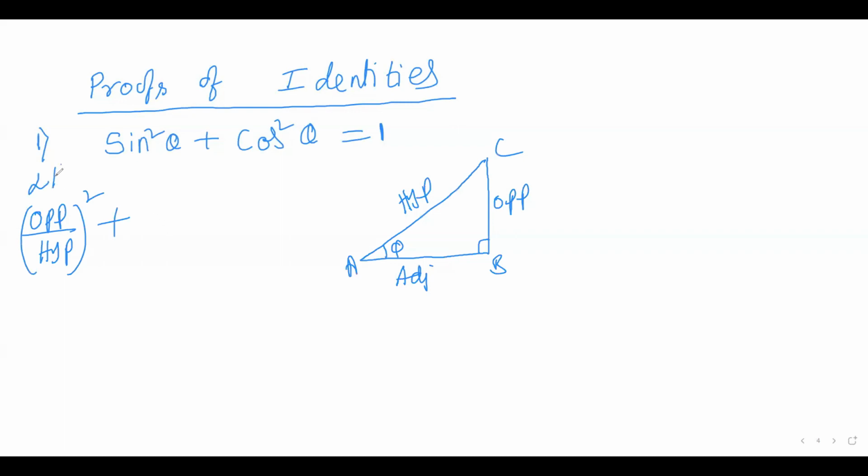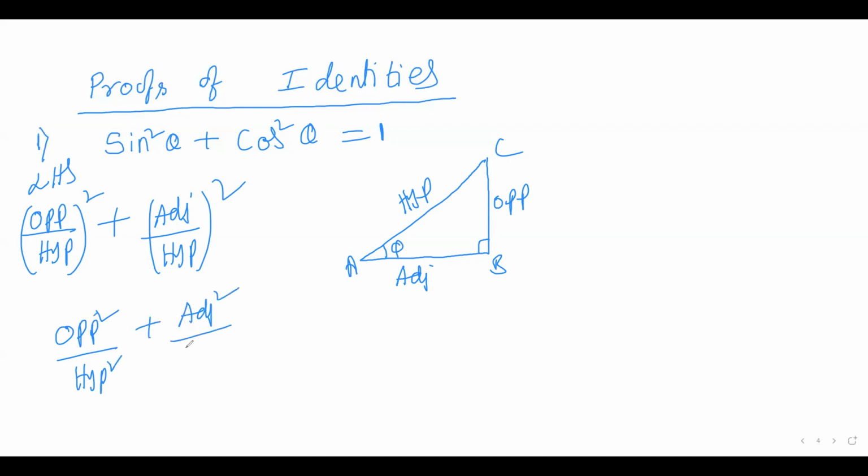I am taking the left hand side. Sine square theta is opposite square by hypotenuse square. Cos square theta is adjacent square by hypotenuse square.